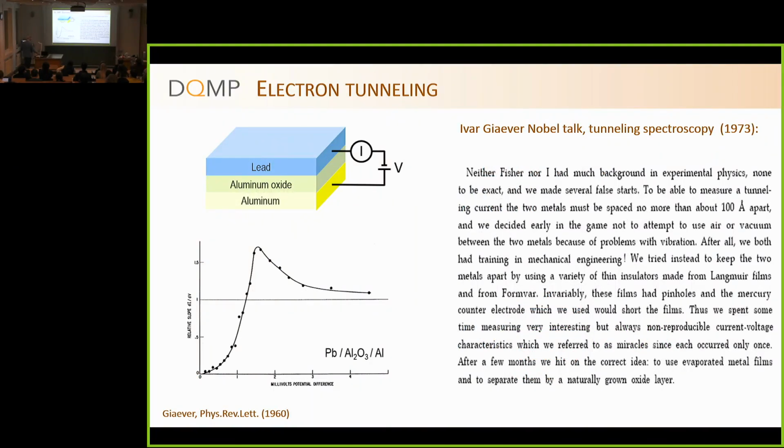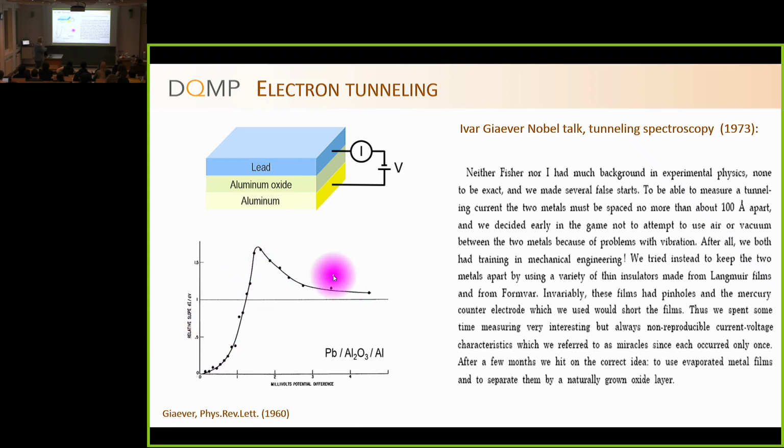Now, tunneling itself was demonstrated first by Giaever and Fischer in the 60s. And it's interesting to see their Nobel talk. So this was awarded the Nobel Prize at the time. And what they did is measure the current between aluminum and lead through an oxide barrier, which is the insulator. And that's what they measured.